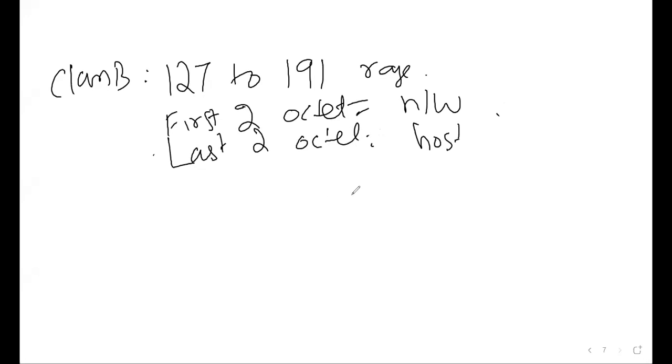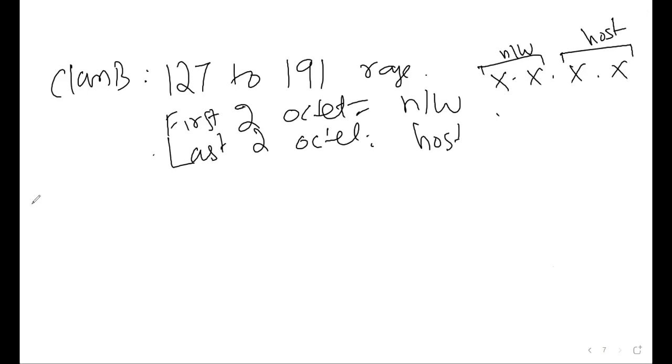I'm just giving a brief idea, as in class A we have the same thing. In class B, the first two octets are the network and the last two octets are the host. So 8, 8, 8, 8. If you're defining a single network, the first two octets shouldn't change, and the last two octets are for the host.